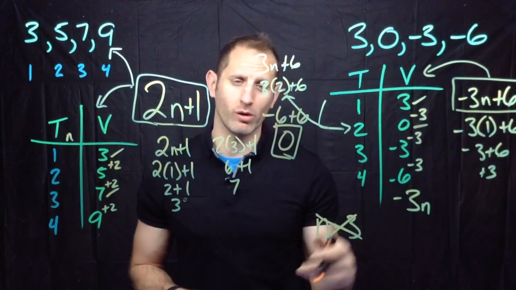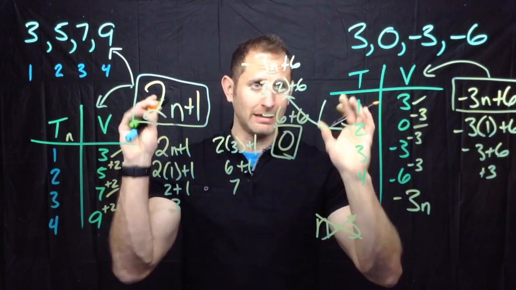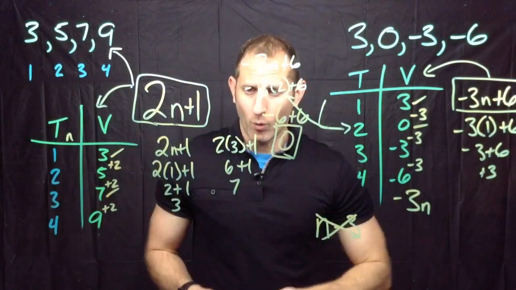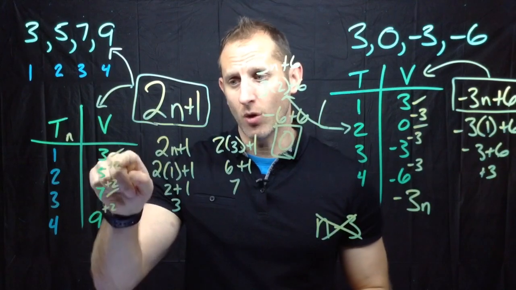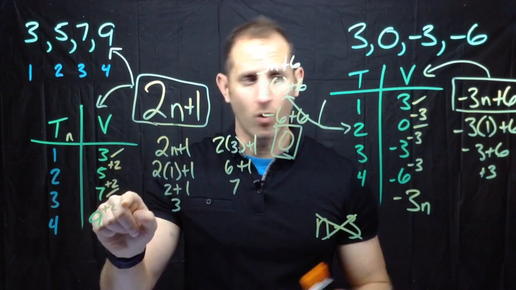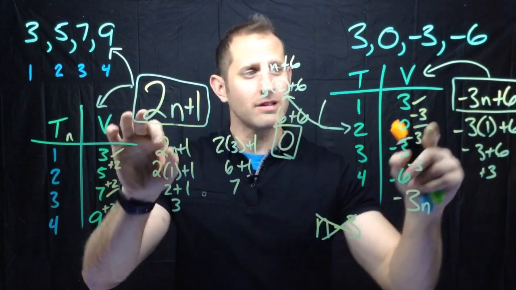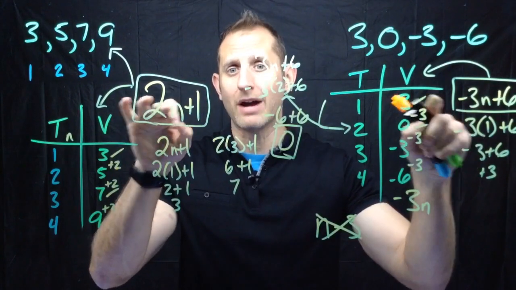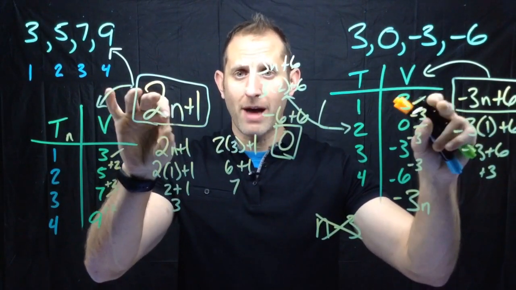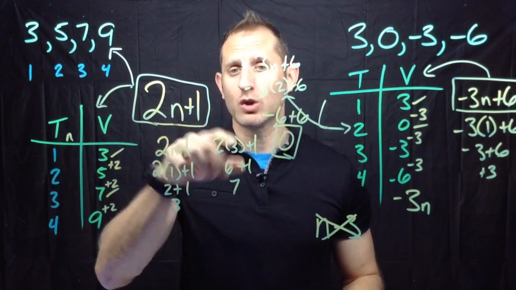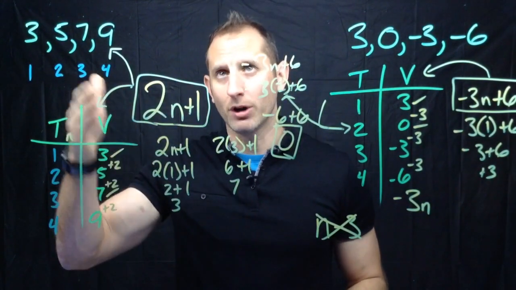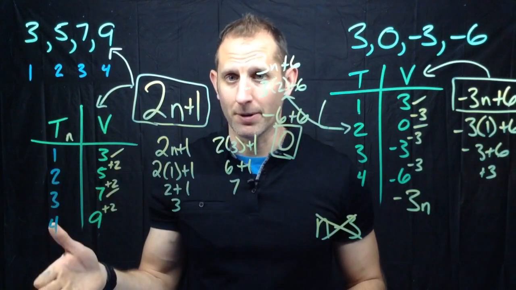So let's recap, because I got a lot of stuff on this board. What you want to do is try to determine what the pattern is. So add 2, add 2, add 2, or subtract, subtract, subtract, and that is going to become the front of your pattern rule. When you've got that pattern, immediately put a variable behind it, because you are going to be multiplying that pattern by the term number.